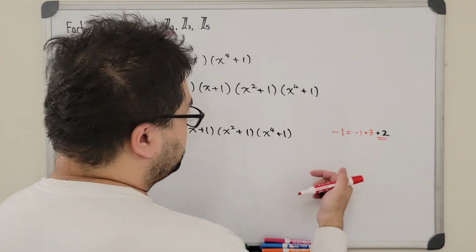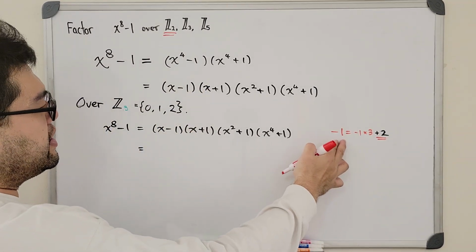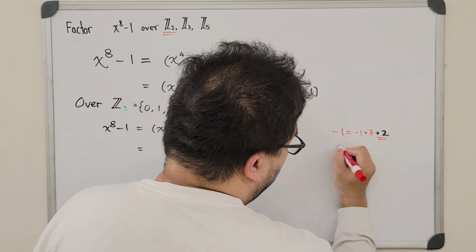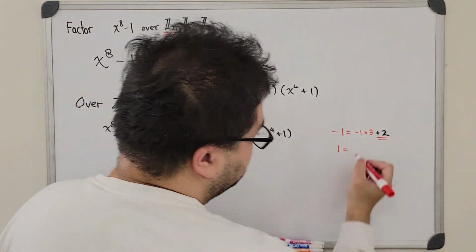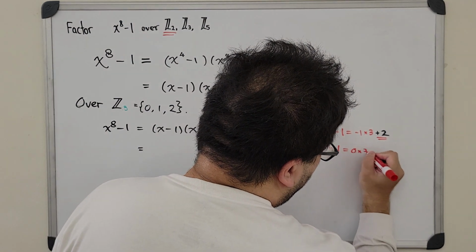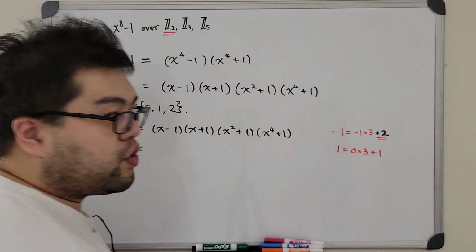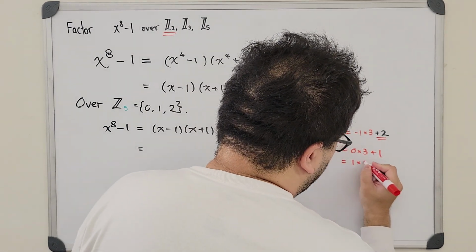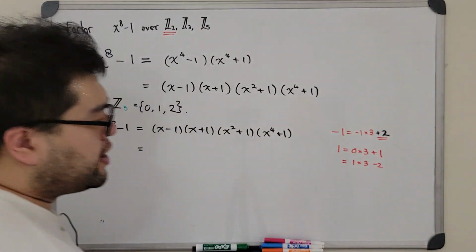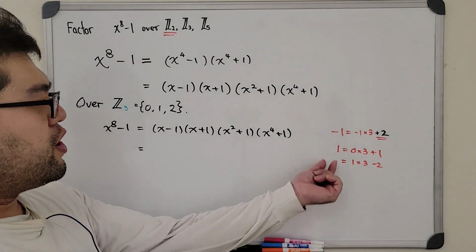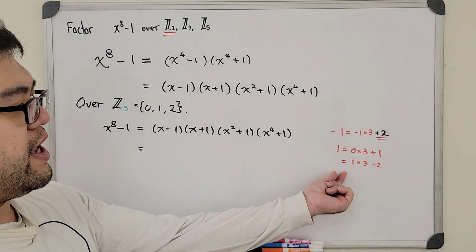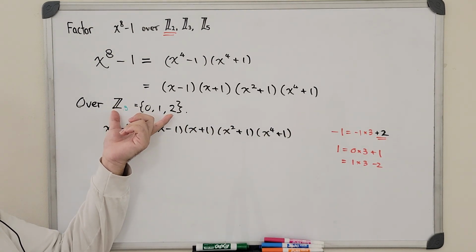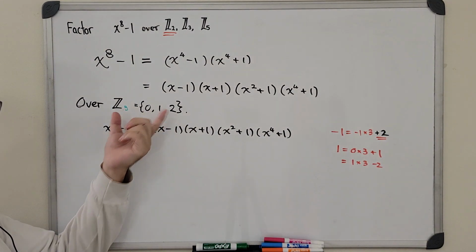Because we can also apply this idea to other numbers, such as 1. We can write it as 0 times 3 plus 1, of course. But we can also write it as 1 times 3 minus 2. In other words, we can rewrite 1 as negative 2 here, even though negative 2 is not part of the elements that we have.